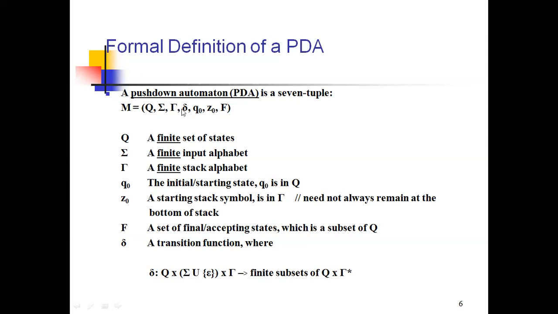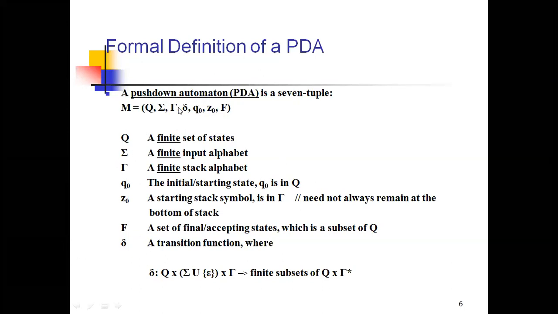And all of you make a note of these 7 tuples, put a heading PDA. The PDA can be defined as a 7-tuple machine where M is equal to Q, sigma, tau, delta, q naught, z naught, and capital F. Define each and every tuple like this.